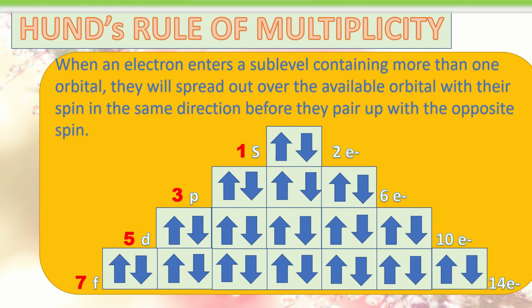Since you have only one orbital for s, the maximum number of electrons that the s sublevel can hold is only 2 electrons. So there will be a maximum of 2 electrons for the first box, or first orbital, of s. They should be in opposite directions, so the spins inside the box represent the number of electrons.